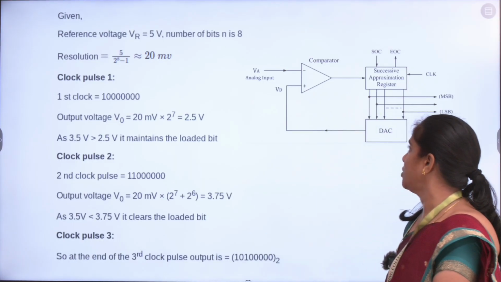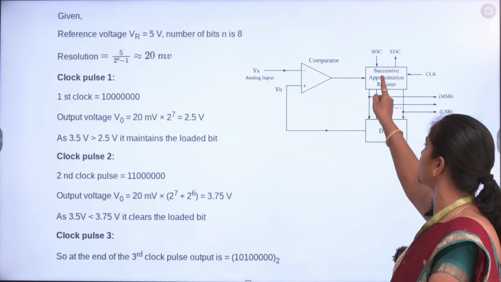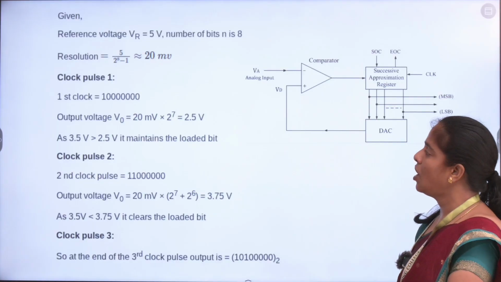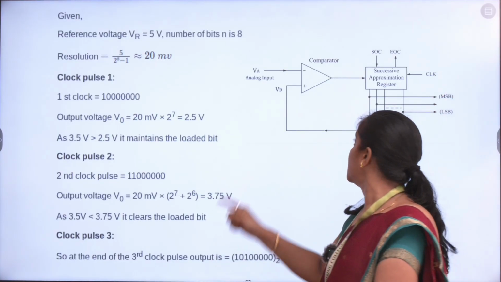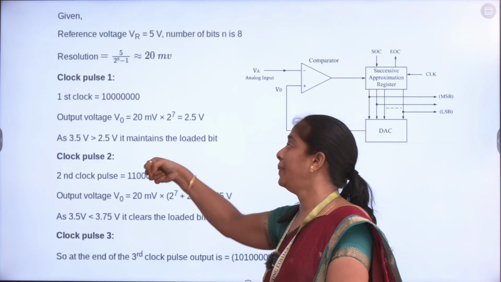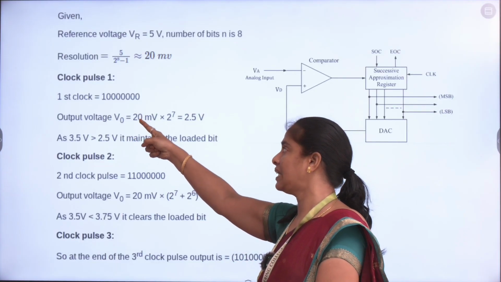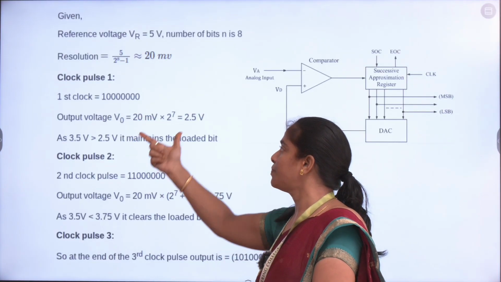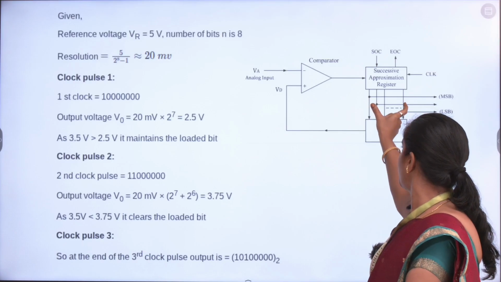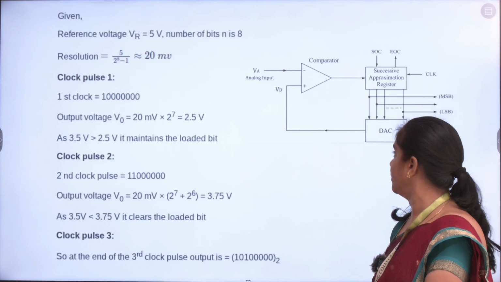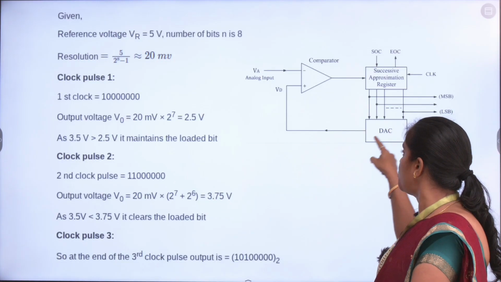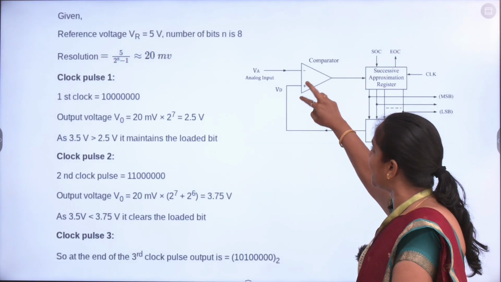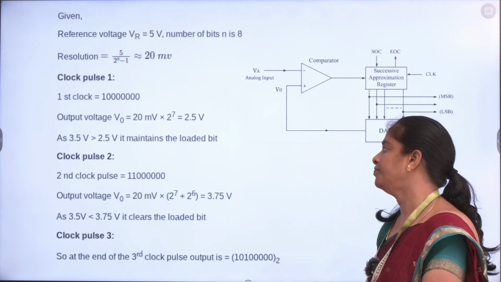So with this resolution, on receiving the SOC signal, the bit pattern is all zeros. When the first clock pulse is applied, the register is going to make the most significant bit 1. With this pattern, the output is given to the digital to analog converter. The digital to analog converter converts the digital bits into a proportional analog voltage, and that is compared with the input voltage.